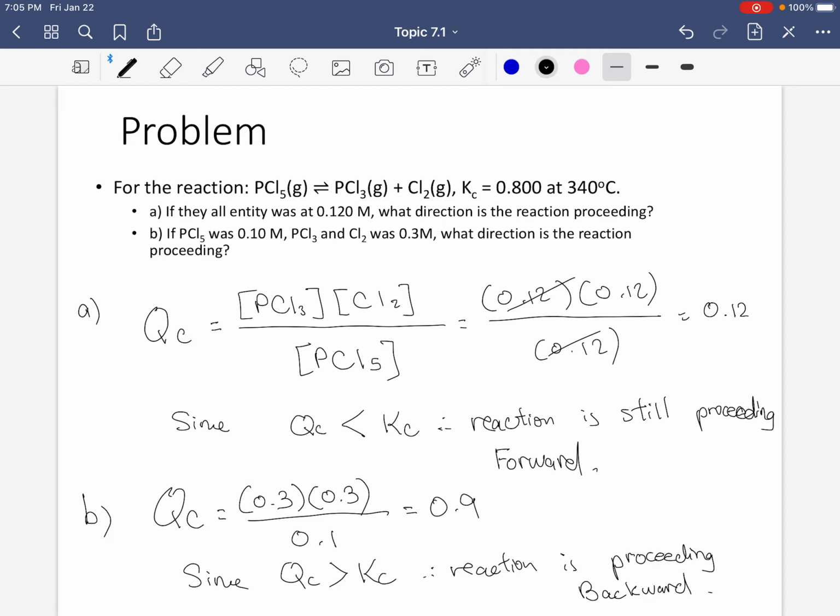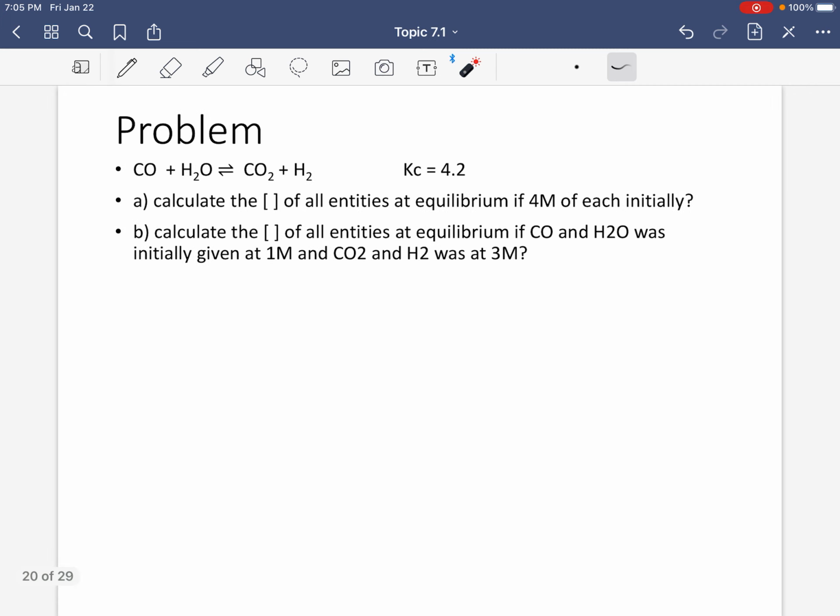So in this case, the reaction will go this way. So QC is quite important. How? Well, take a look at this question. This question will show you exactly why QC is very, very important.